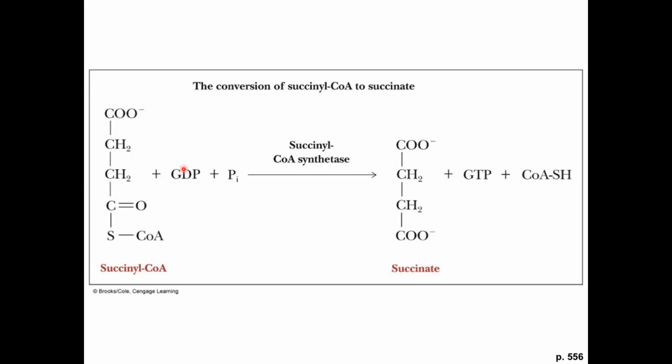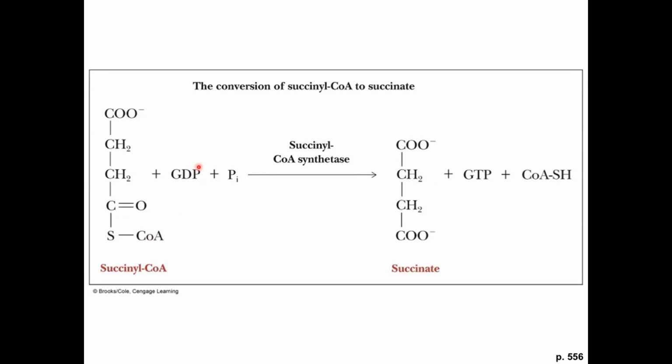So remember we have that very high energy intermediate. This CoA here had a lot of energy in that bond. It was a very high energy bond. So this very high energy intermediate is going to provide the energy to make GDP into GTP. It's going to be able to provide that energy to phosphorylate this GDP.